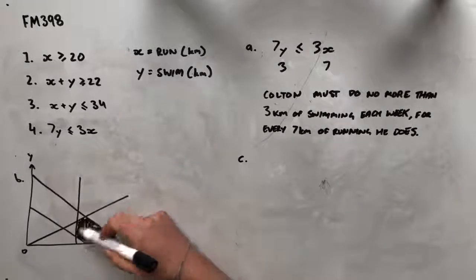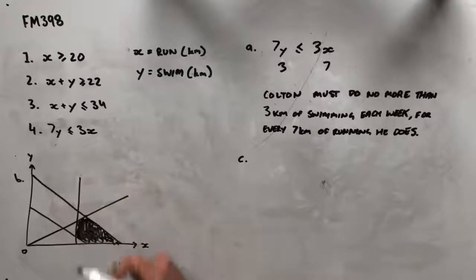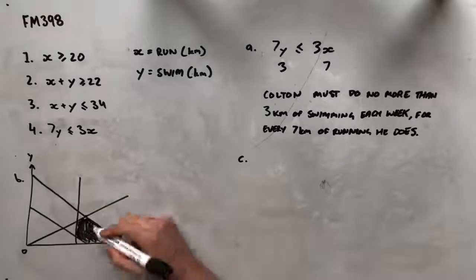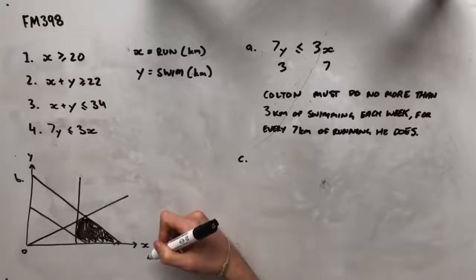Having a look at our graph here, that should occur right here at this intersection. The reason being that this is the highest y coordinate value that we're going to get, which means it should give us the maximum number of meters that he can swim each week if he's to stay within these constraints.